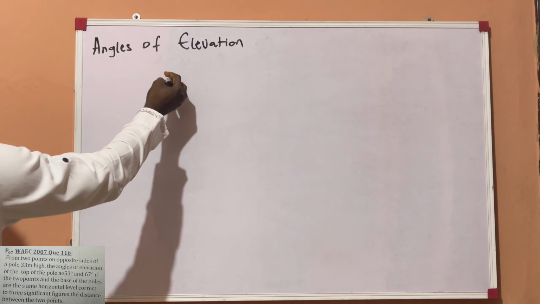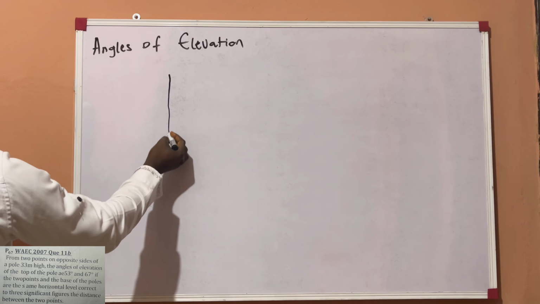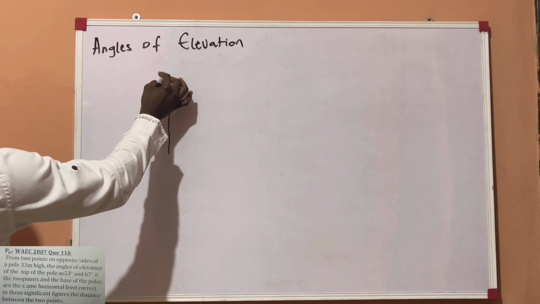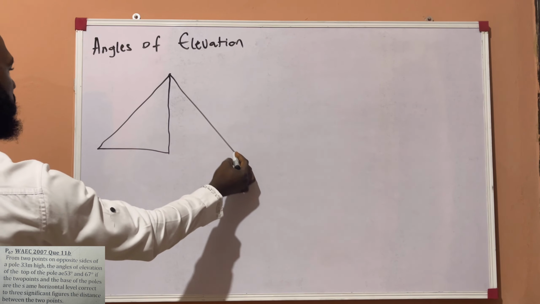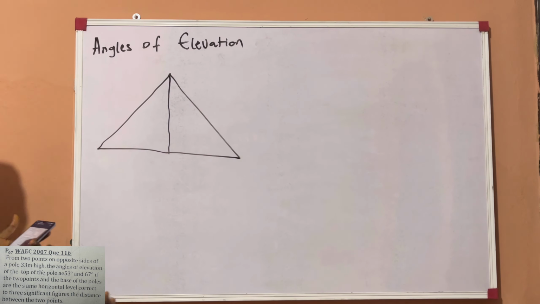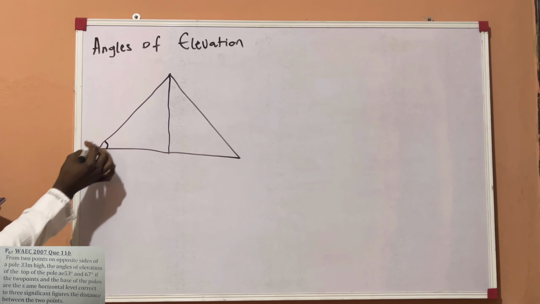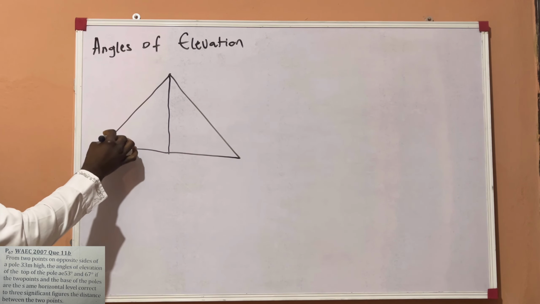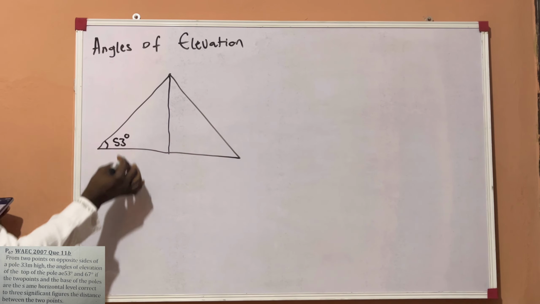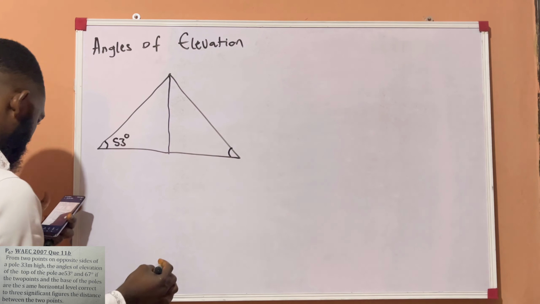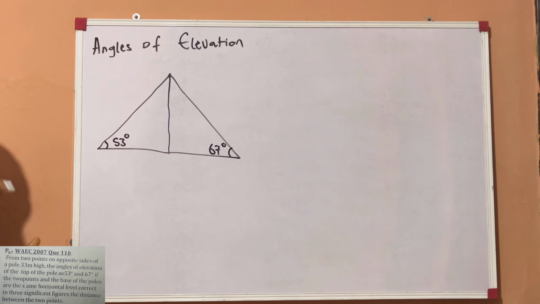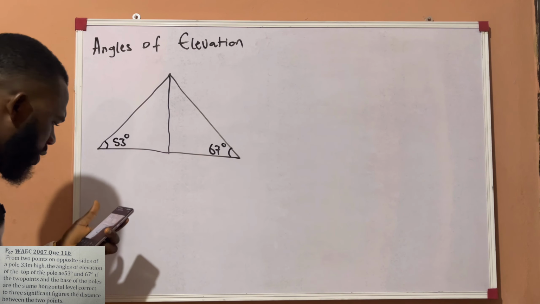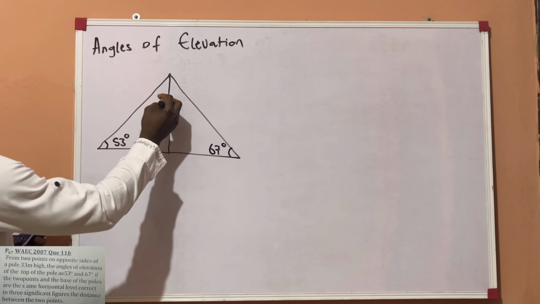If we have a pole like this, and then on each side of the pole, we were told that the angles of elevation were 53 degrees and 67 degrees respectively. But don't forget that we were also told that the height of the pole is 33 meters.